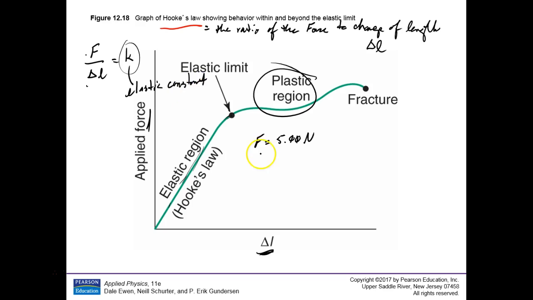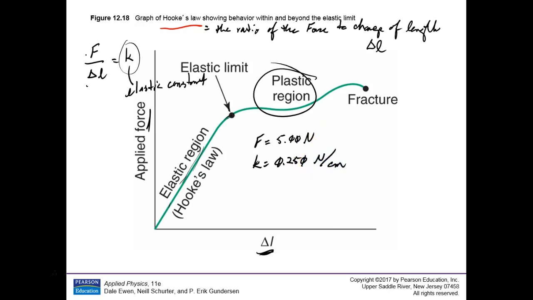Okay? So whose K is, and by the way, sometimes it's called Hooke's law constant or Hooke's constant, is 0.250 newtons per centimeter.